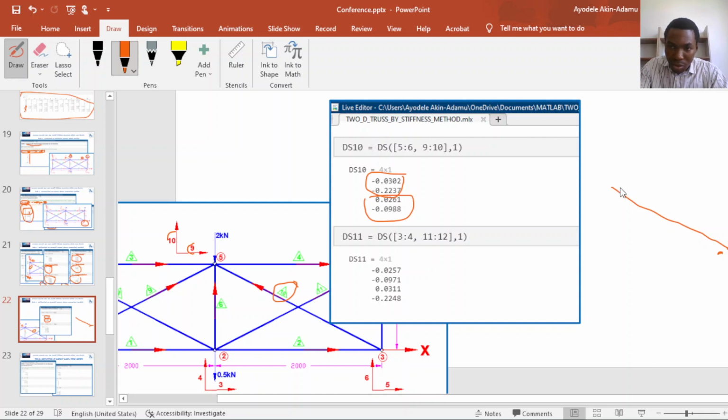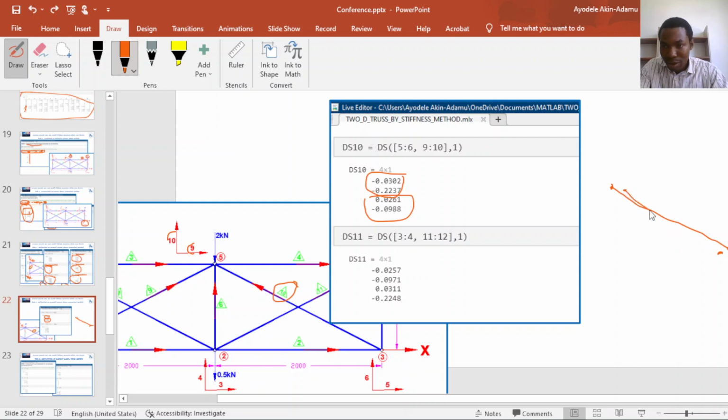So that means we have a node somewhere around this point. So this element, which is defined with this node and this node here, is now in this position.